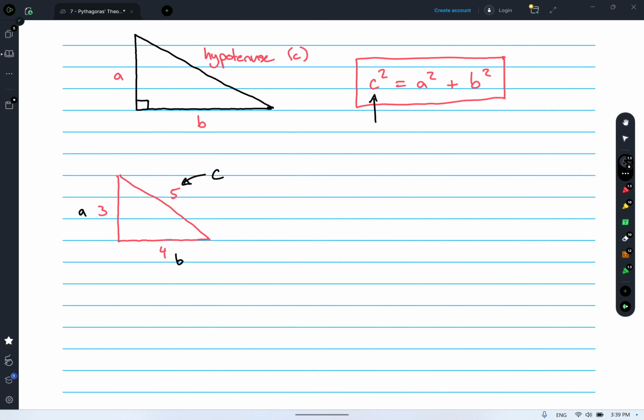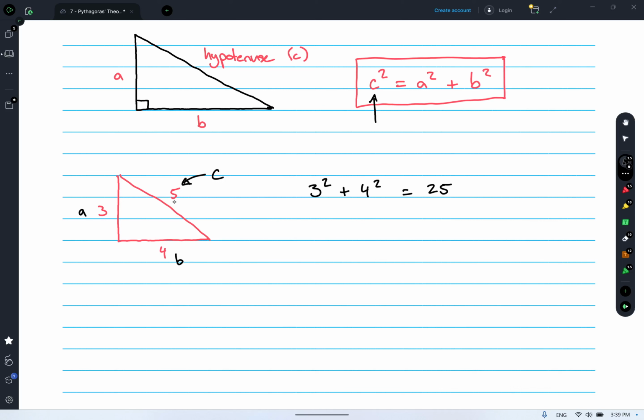Now, if we want to check to see if this is a right angled triangle, we need to check both sides of Pythagoras' theorem to see if it works. So first of all, if I did 3 squared plus 4 squared, well, we know that 3 squared is 9, 4 squared is 16, so 9 plus 16 equals 25.